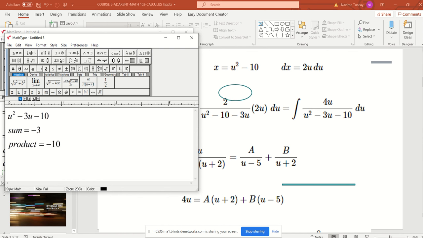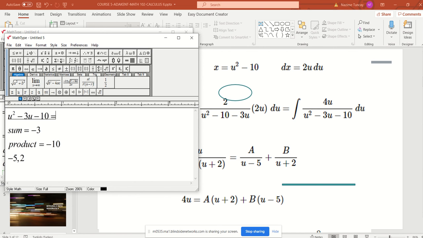So we are thinking which two numbers, when we multiply them, the product is minus 10, and when we add them, the sum is minus 3.